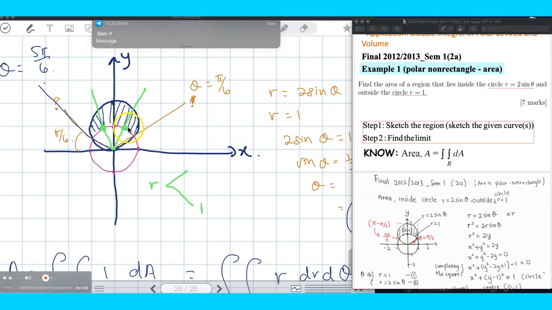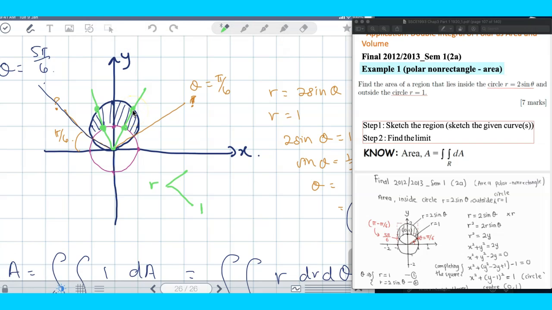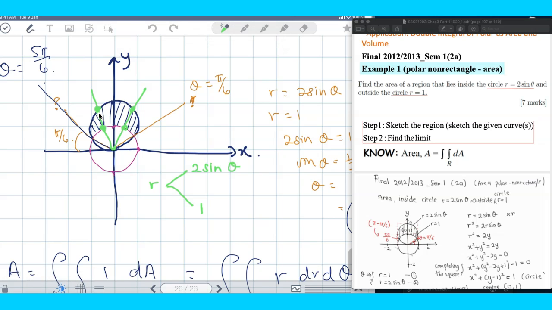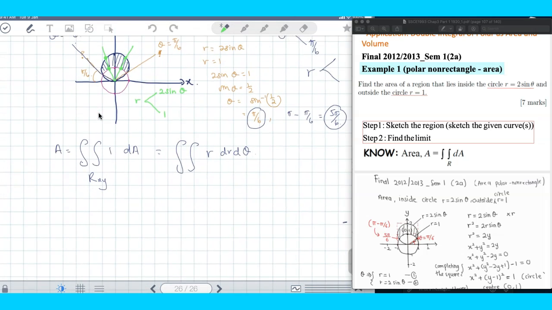And then when you keep increasing r, the largest r possible is lying along this curve, and this curve is given by r equal to 2 sine theta. Okay, so then we can substitute, where theta is from pi over 6 to 5 pi over 6, and r from 1 to 2 sine theta. Okay, so now you have a complete double integral.